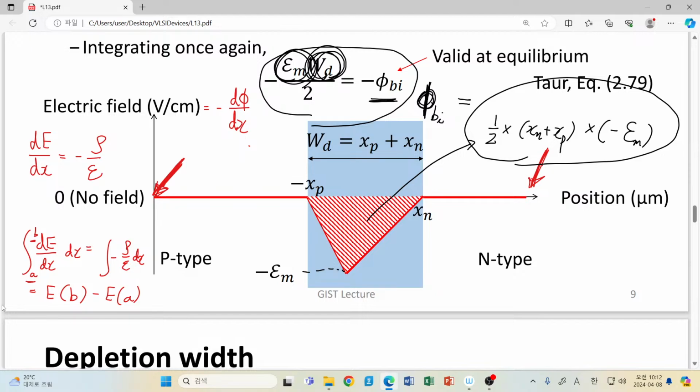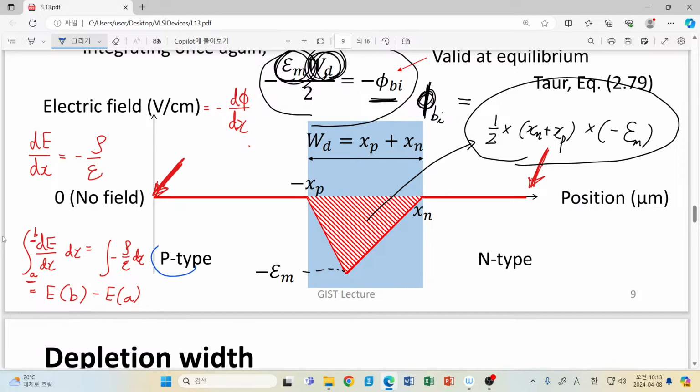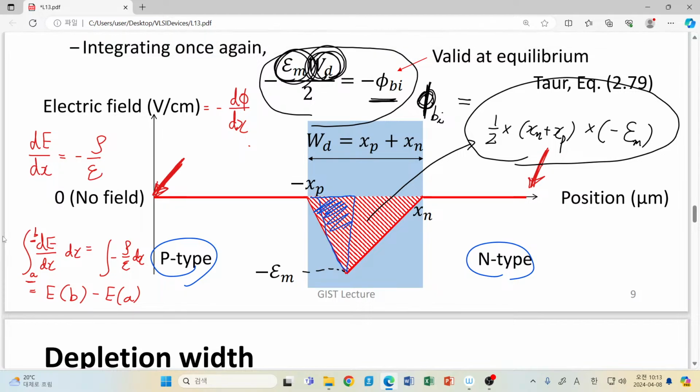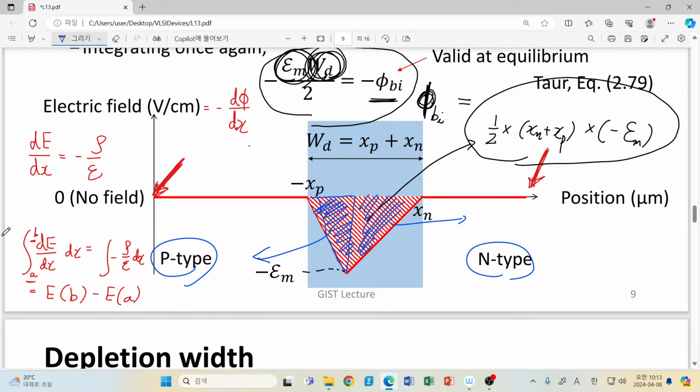More or less, the p-type and n-type regions have similar doping density. Then try to see the potential difference applied to the p-type region and n-type region. This is p-type and this is n-type, and the area of this part corresponds to the voltage difference applied to your p-type region, and the area of this region corresponds to the n-type region.